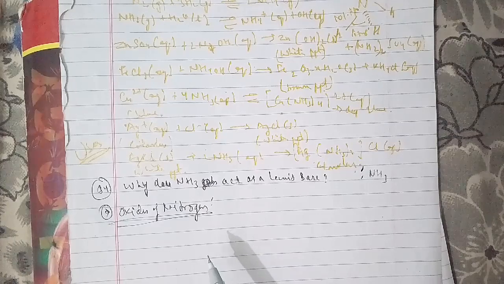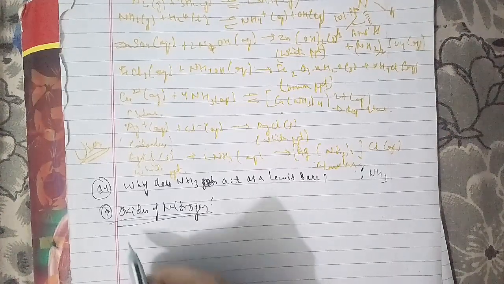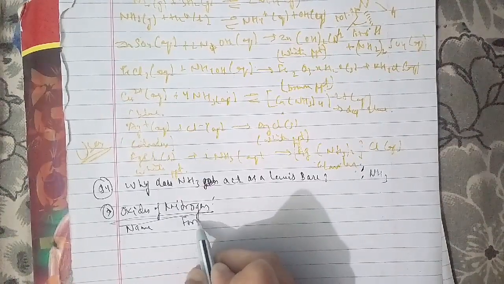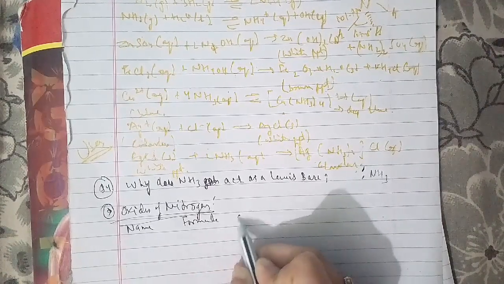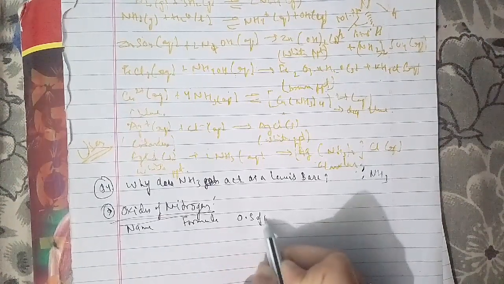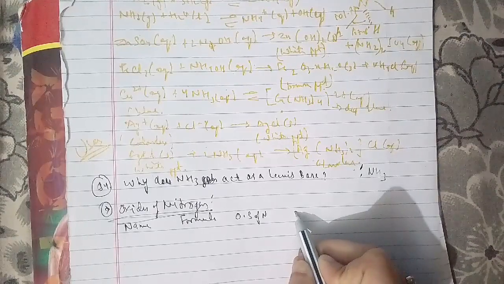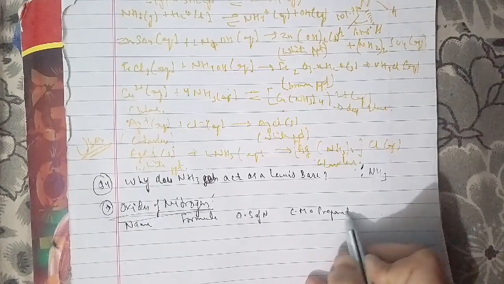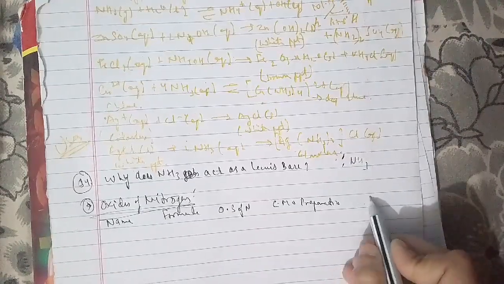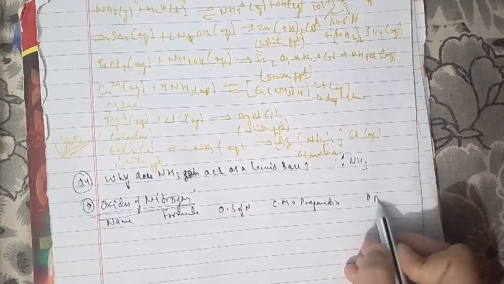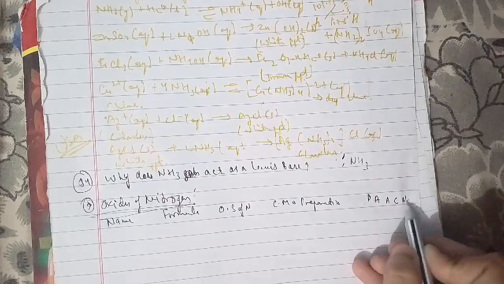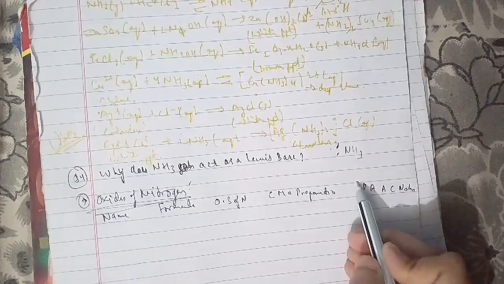We'll go further. The another one is nitrogen monoxide, which is nitrogen 2 oxide. NO, this is +2.